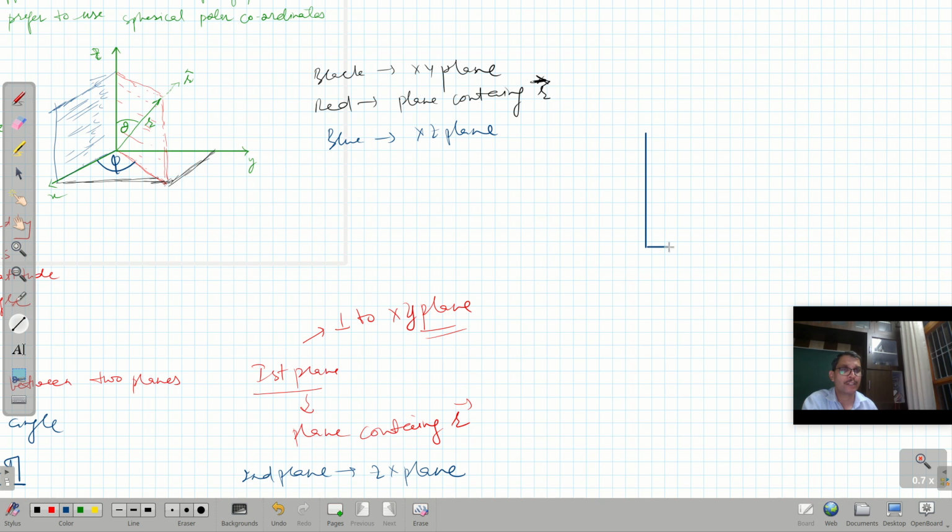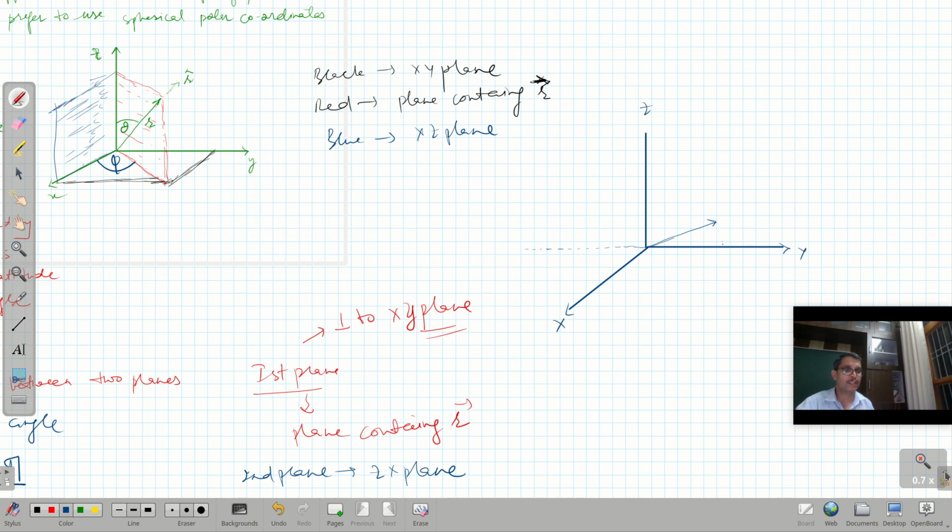This is my coordinate system, and let me draw this also with the dotted line. This is the y-axis, this is the x-axis, this is the y-axis, and say this is the z-axis, and say there is a radial vector, and the radial vector keeps on rotating from here to here.